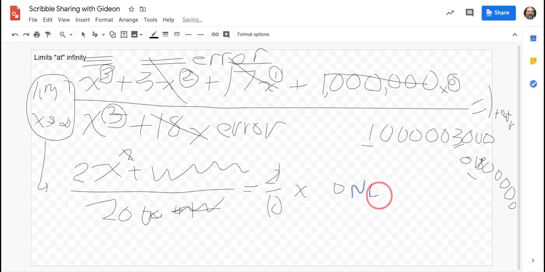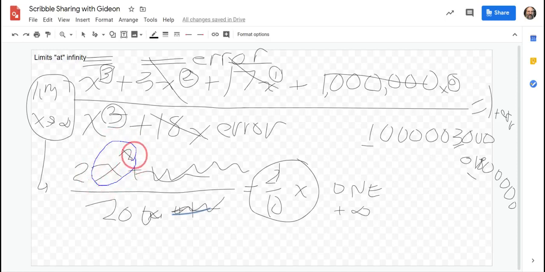Although technically, on a graph and looking at the algebra, we know it goes to positive infinity as a limit. But we really didn't even need to do this to see that. We didn't even need to scribble all these things out. We just ignore them and say, look, x squared is larger in polynomial degree than x.